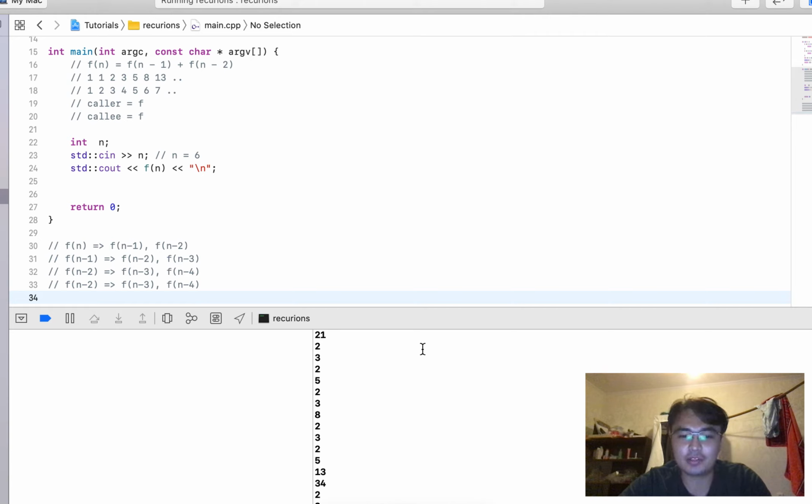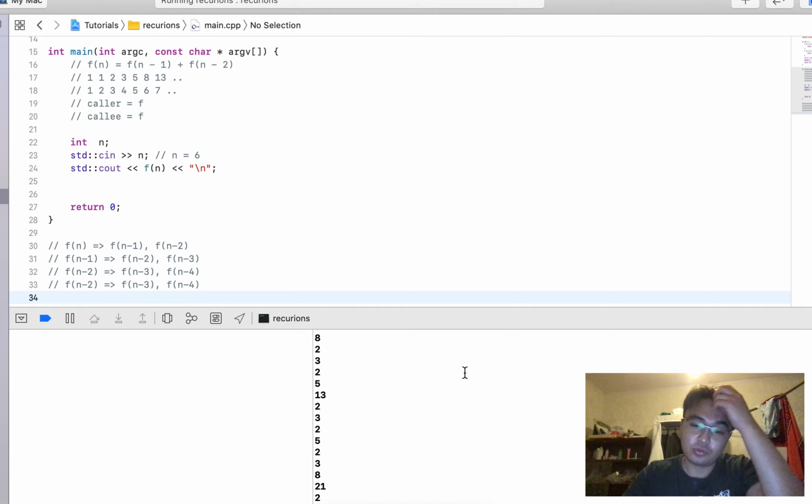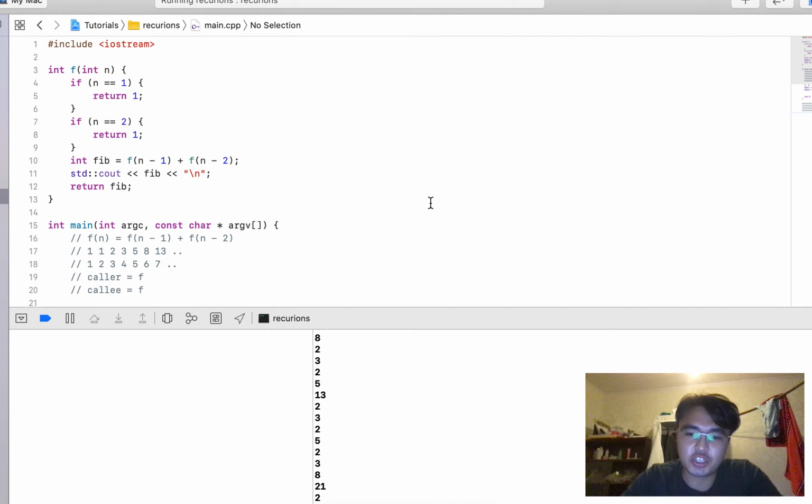So it's becoming a huge tree if you see the whole structure of recursion as a tree, with the root of the tree as fn, and the other subtrees as fn minus 1, fn minus 2. It's going to grow exponentially.